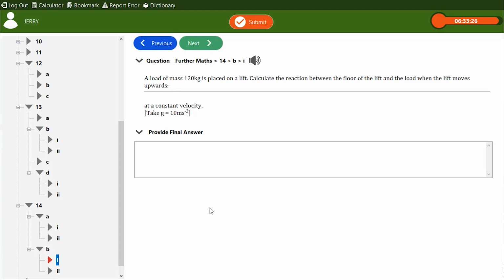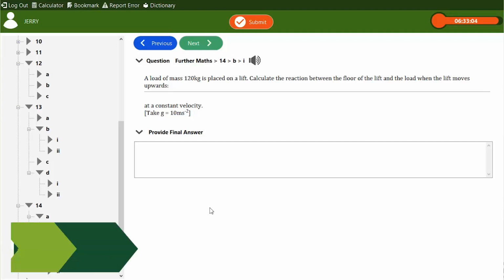A load of mass 120 kg is placed on a lift. Calculate the reaction between the floor of the lift and the load when the lift moves upwards. Moving up, recall A is what? 0.